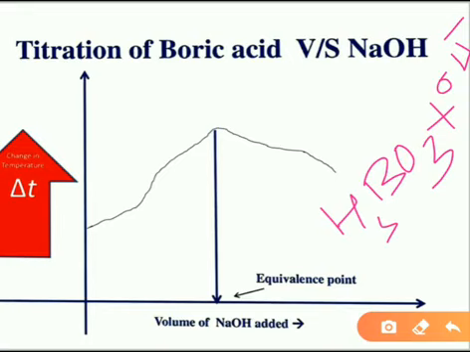So this titration between boric acid and sodium hydroxide cannot be done successfully by any method that depends on pH. The thermometric titration method is successfully adopted for this type of titration.